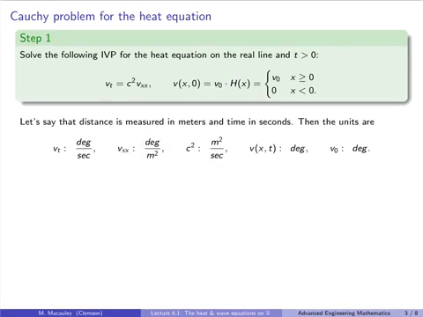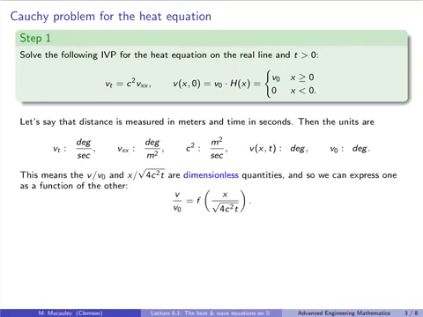So since the product of V_xx and c squared is V_t, that forces c squared to have units meters squared over seconds. And of course, V has units degrees, and so V naught, which is this constant, has units degrees as well. And what I didn't write down that you know are x has units meters and t has units seconds.